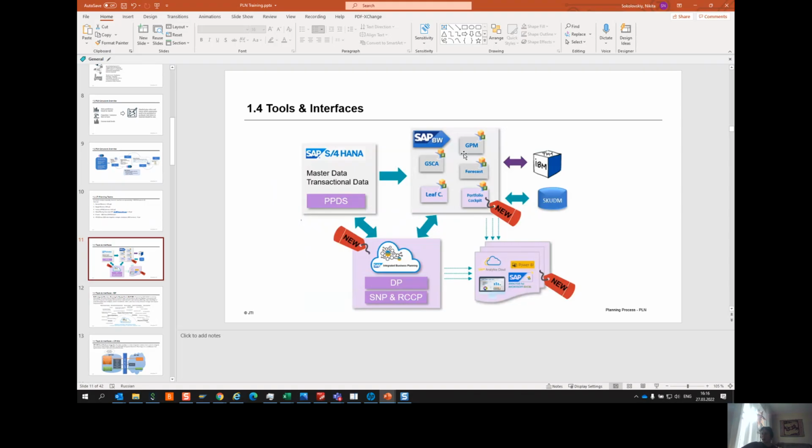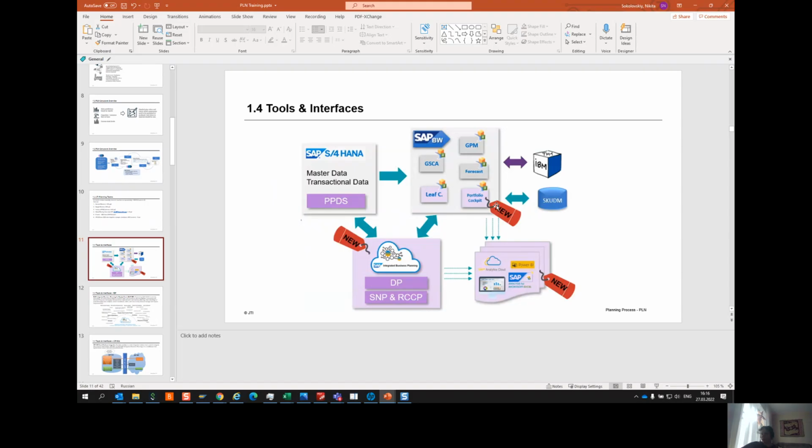So we have our GPM module, the GSCA module we are familiar with, and we also have the portfolio cockpit, where all the finished goods are maintained.